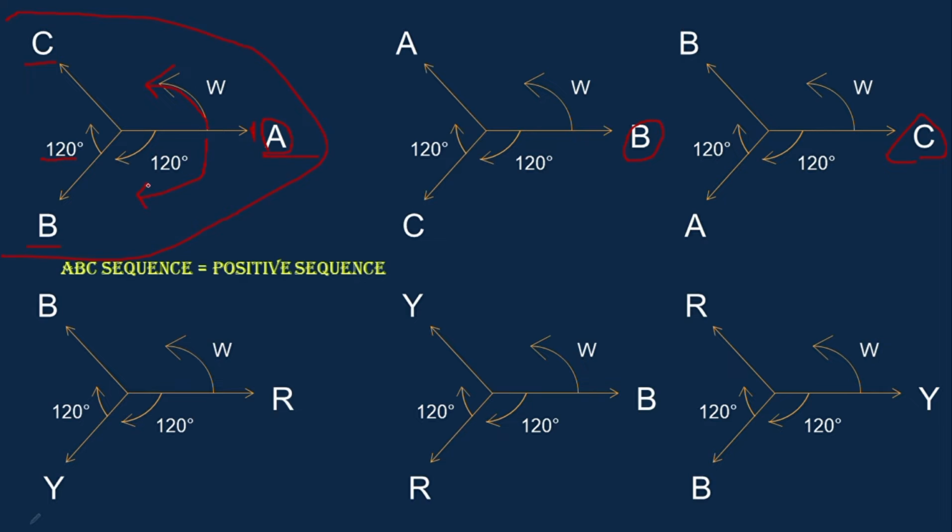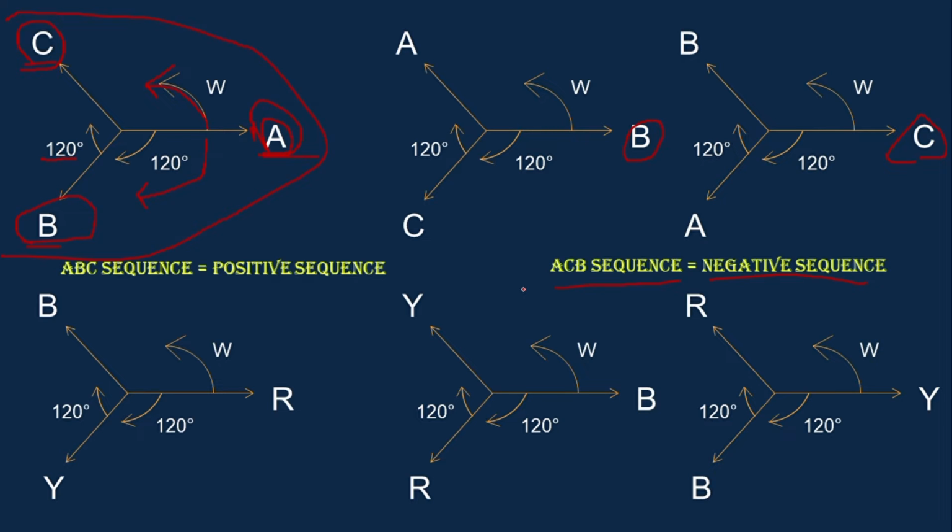So, kapag pa-clockwise rotation naman tayo, ang una pa rin matatamaan ng zero phase point ay ang voltage A. Ang susunod na matatamaan kapag pa-clockwise ay ang voltage C. At ang huling matatamaan ng zero phase point or point of maximum voltage ay ang voltage B. So, this sequence is called ACB sequence, also called a negative sequence.